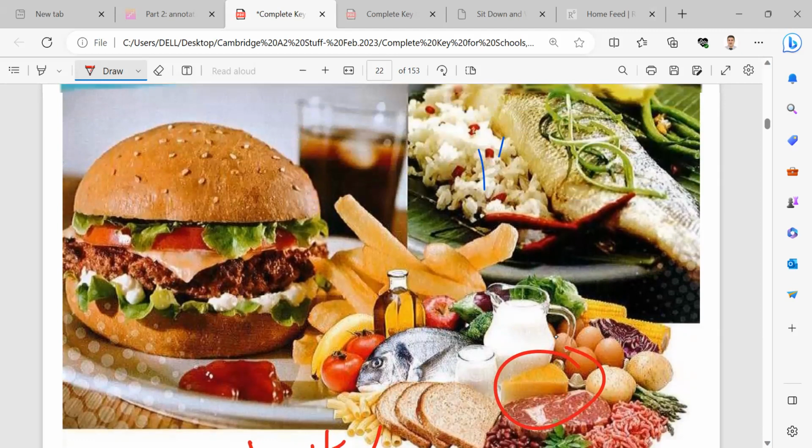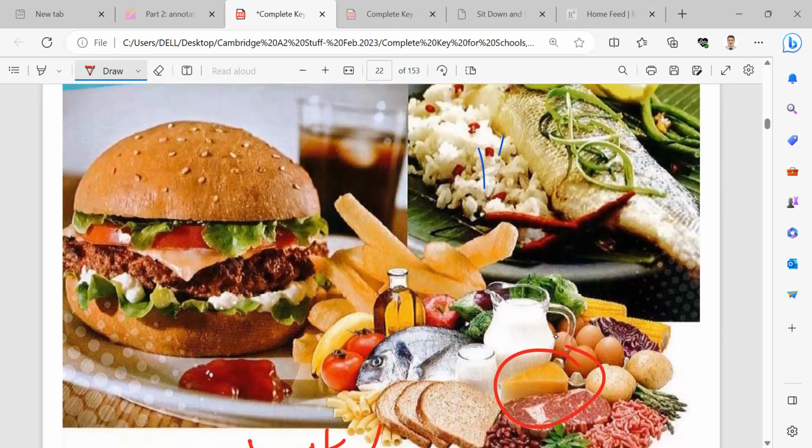Okay, Nawaf. Here, as you see, we have different meals. One, two, three. Let me say this one A, this one B, and this one C. Which one would you like to eat and why? I like to eat C. Why is C good for you?